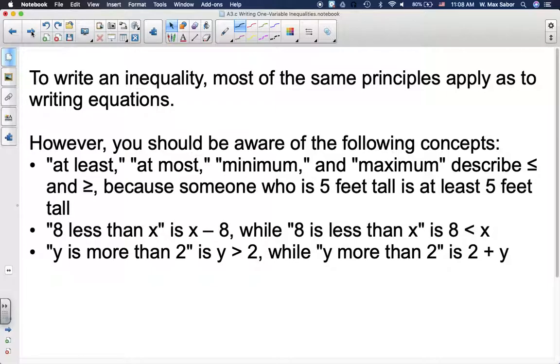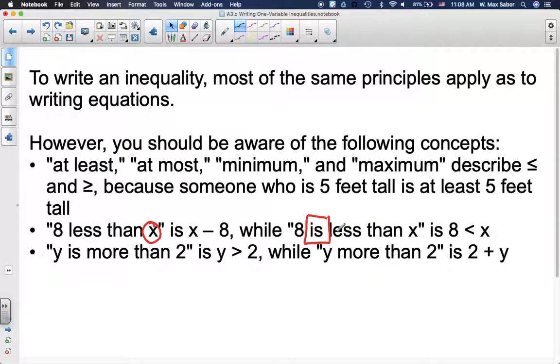X less than 8. 8 less than X is X minus 8. Some people describe this as a switch word. What this is saying is that we're starting from X and taking 8 away from it. So that's subtraction. But if we start putting in the word "is," now we're comparing things.